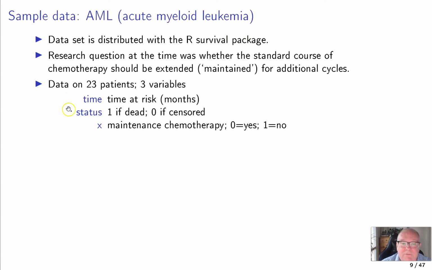So we just have 3 variables in our data set. We have the 2 dimensions of the outcome, the time at risk, and then the status, 1 if dead, 0 if censored. And then we have a binary explanatory variable, which is maintenance chemotherapy, 1 for no, 0 for yes.